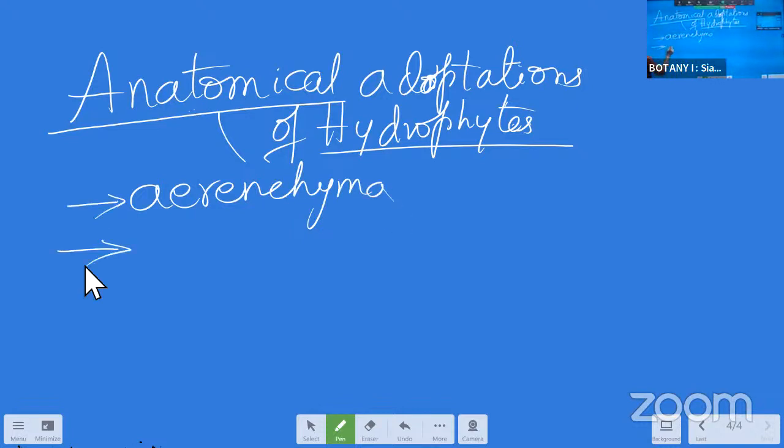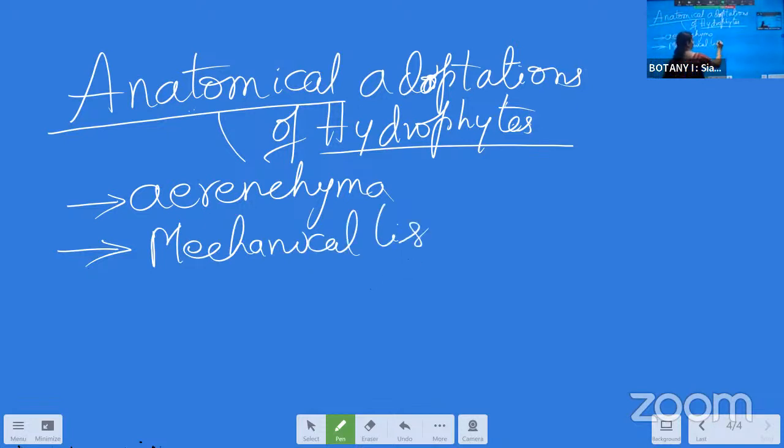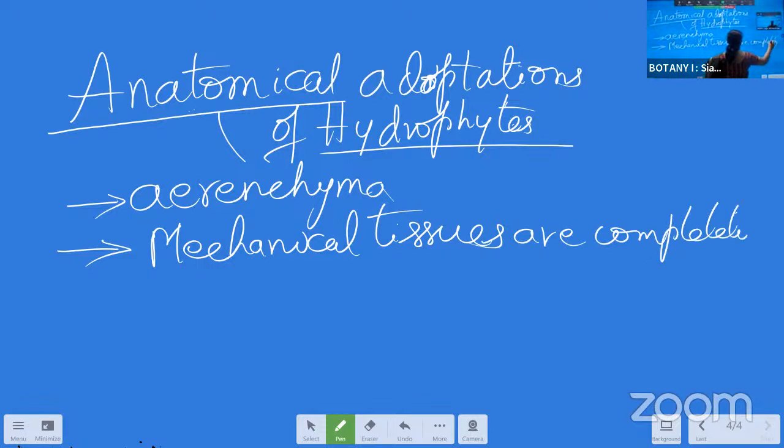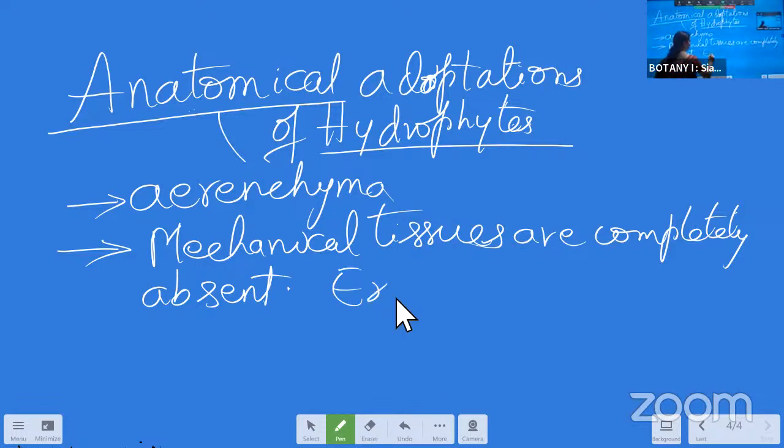Second point is mechanical tissues are completely absent. But in some plants, they are present. Mechanical tissues are completely absent, so in this, which example can we give? Examples we need to give over here.